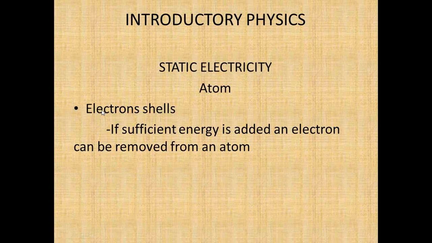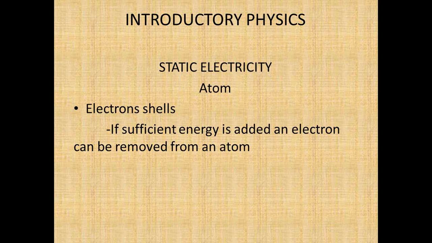All right. So again, electron shells: if sufficient energy is added to an electron, you can move the electron from the atom. Very important. You can move electrons from the atom, but the nucleus is usually relatively stable.